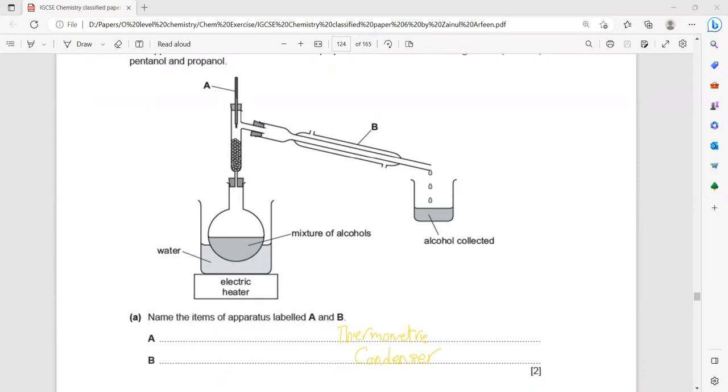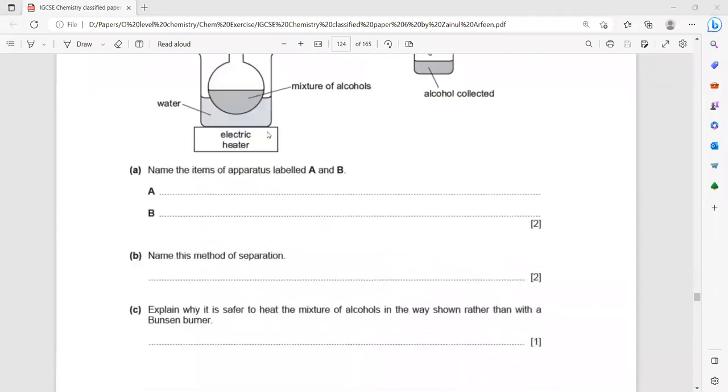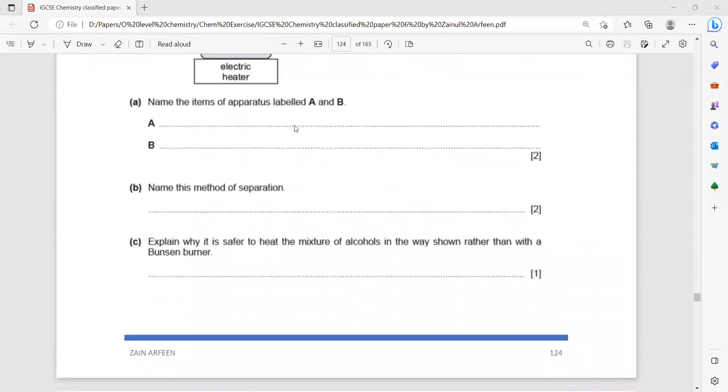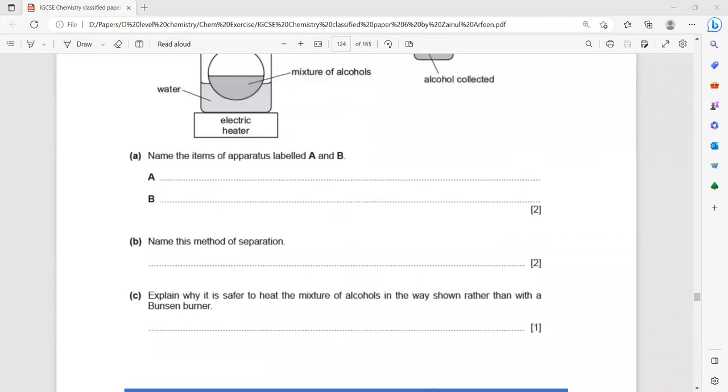The next one: name this separation method. Fractional distillation. One mark is for writing fractional and one mark is for writing distillation. How do we know whether the diagram is distillation or fractional distillation? Good question.